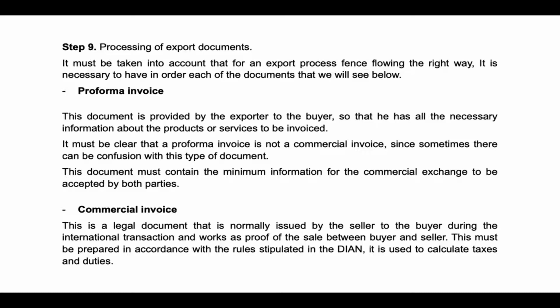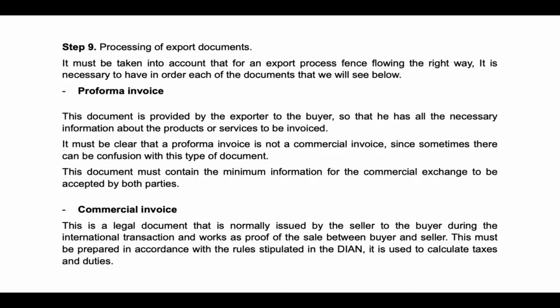This document is provided by the exporter to the buyer, so that he has all the necessary information about the product or service to be invoiced. It must be clear that a pro forma invoice is not a commercial invoice, since sometimes there can be confusion with this type of document.